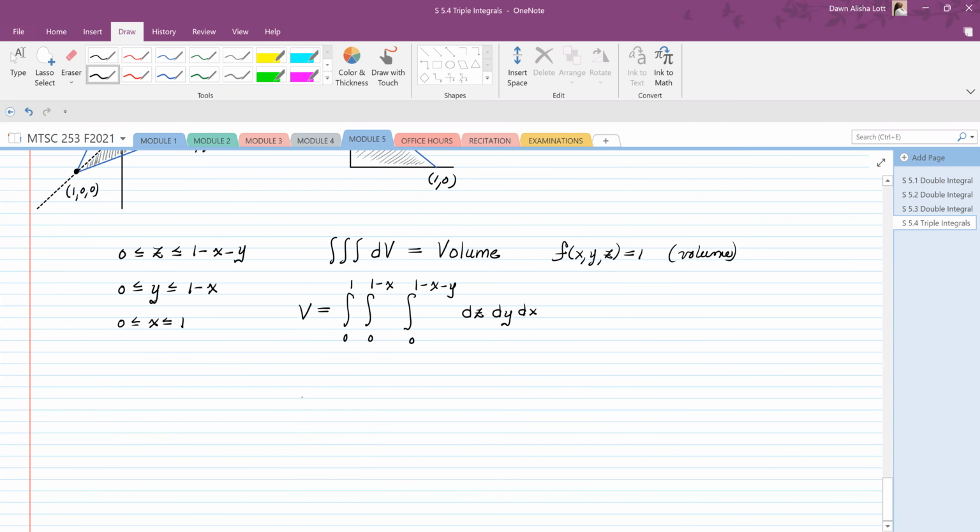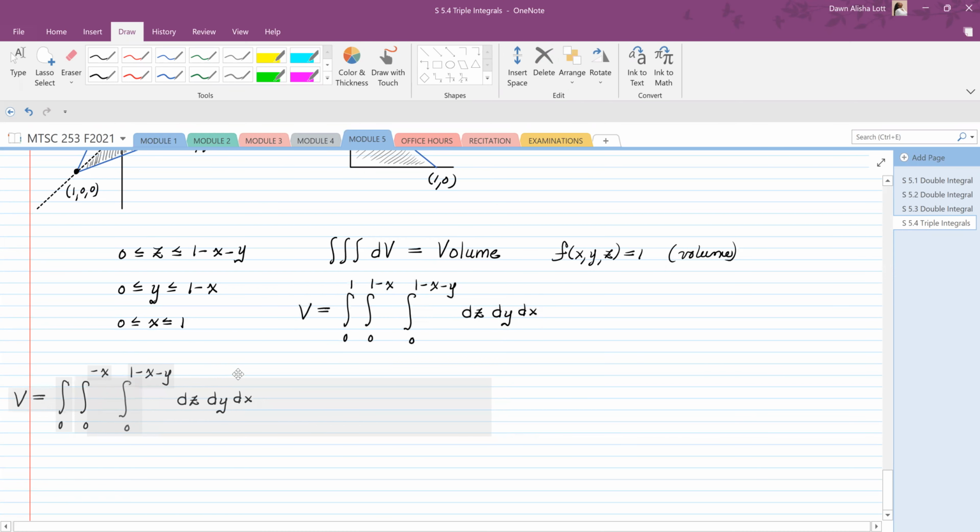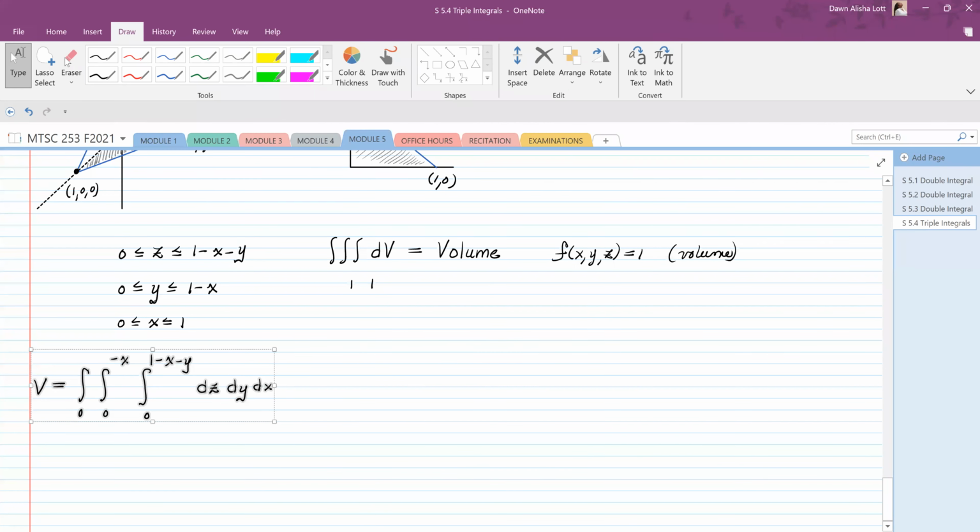So when I do the integral for that, that gives me the integral from 0 to 1, the integral from 0 to 1 minus x, and then I'm just going to get z evaluated from 0 to 1 minus x minus y, dy dx.